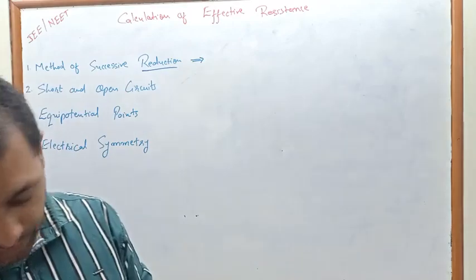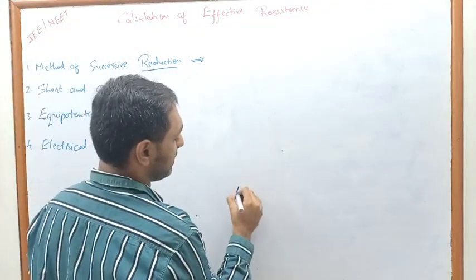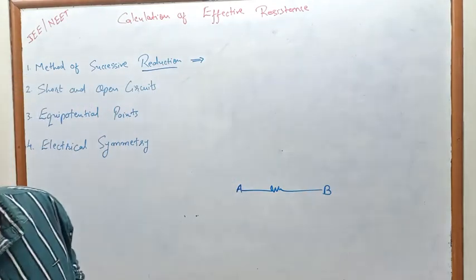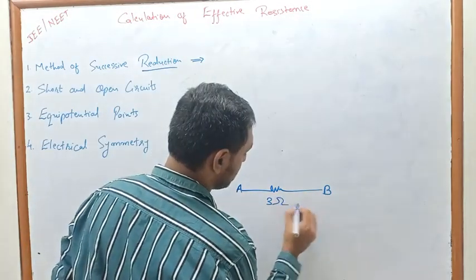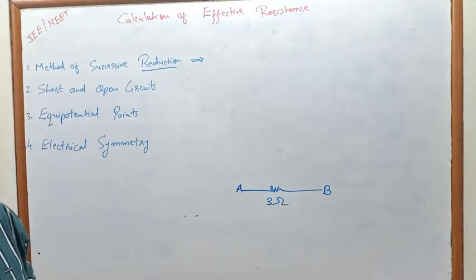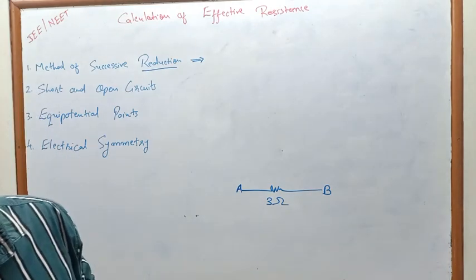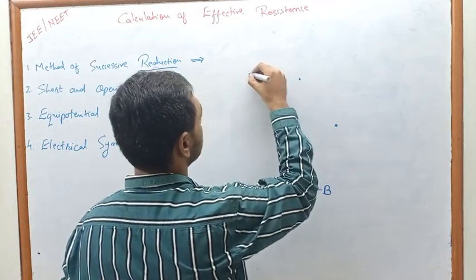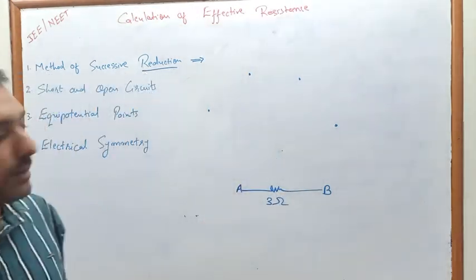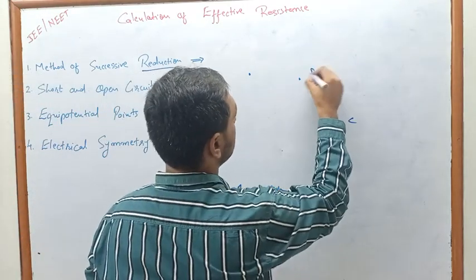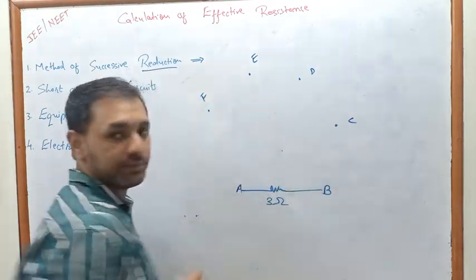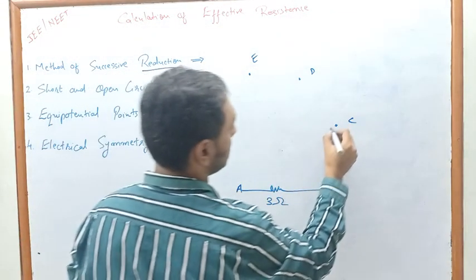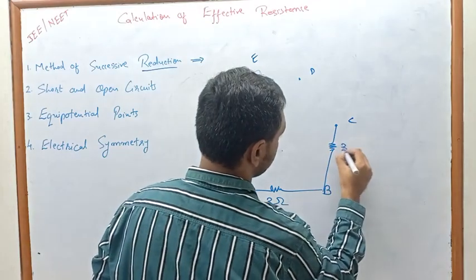Consider one network which is between A and B. A 3 ohm resistance is given between A and B. Now we have another 4 points, say C, D, E, and F. Between B and C, 3 ohm resistance is given.